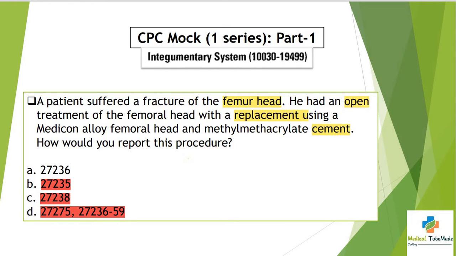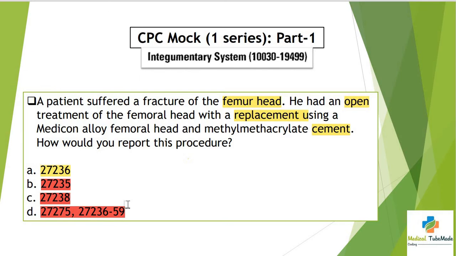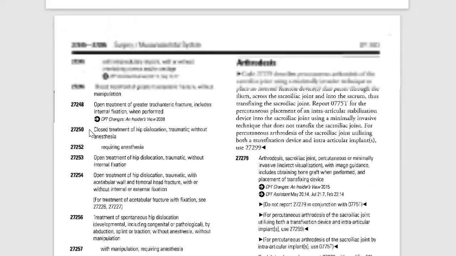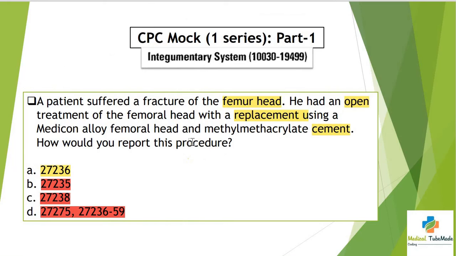So the correct answer is option A, 27236. Open treatment of femoral fracture, proximal end, neck, internal fixation and prosthetic replacement. So prosthetic replacement is also done and internal fixation they have also done.